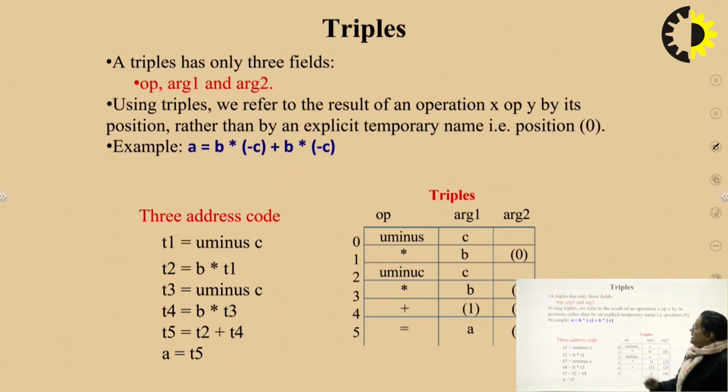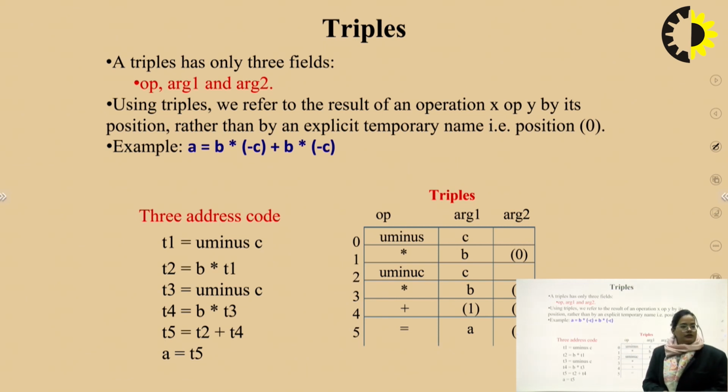Now the next representation is triple. In triple, we use only three fields: operator, argument 1 and argument 2. Using triples, we refer to the result of an operation x operator y by its position rather than by an explicit temporary name.